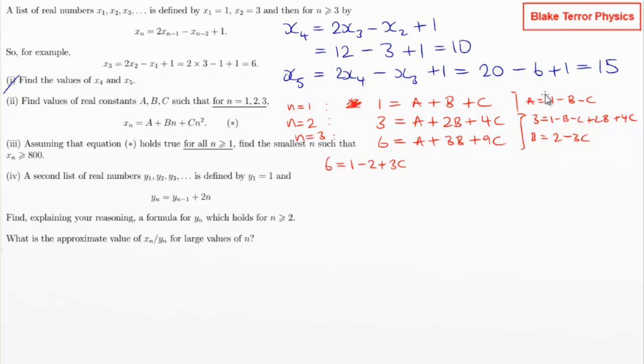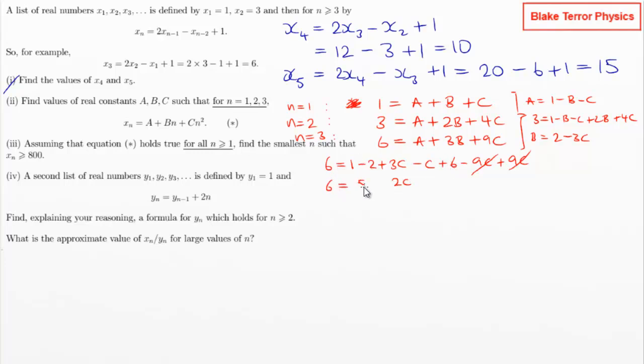What was I doing? A, 1 minus 2 plus 3c minus c, so that's a, plus 3b, so plus 6, and then minus 9c, and then plus 9c. So what does this give us for c? They cancel off. We've got 2c here, and then we've got 7 minus 2 is 5.